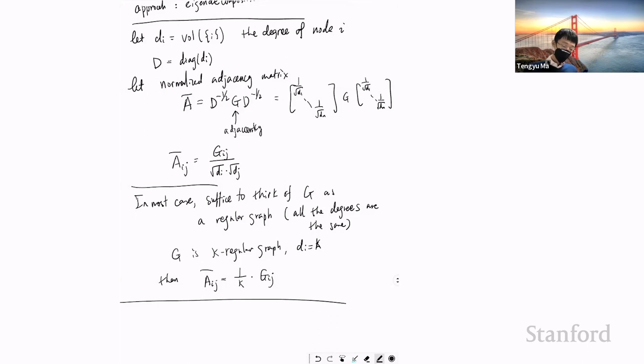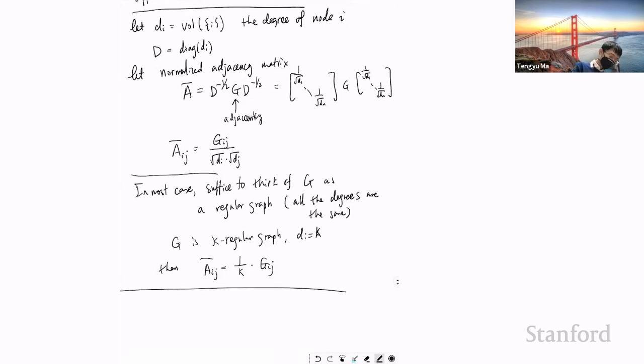Okay, and once you define the normalized adjacency matrix, you can also define the so-called Laplacian matrix, which is I minus the normalized adjacency matrix. I think you probably see that one of the reasons why we have to normalize is that if you don't normalize, it doesn't make sense to take the difference between it and the identity.